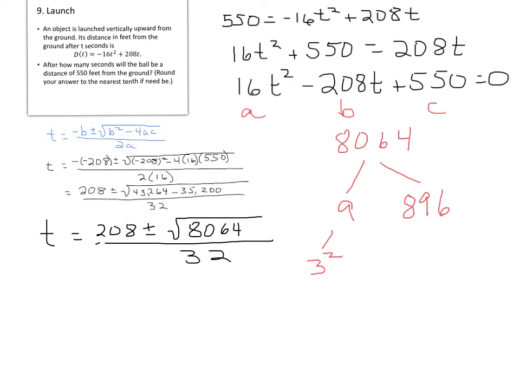And 896 divided by 16 is 56, so 16 and 56 go together, and 16 is 4 squared. And 7 times 8 is 56, and 8 is 2 squared times 2. So these are the various factors.